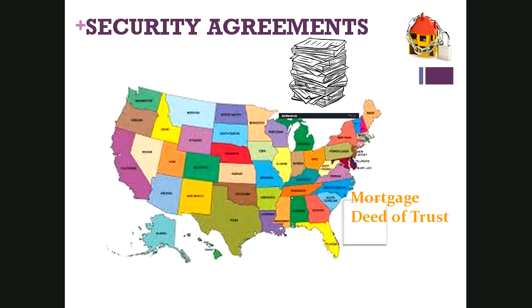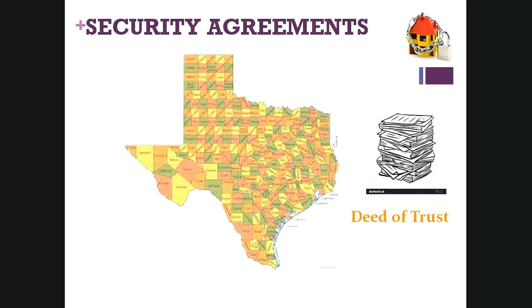They serve the same purpose, they perform the same function. There are only a few slight differences, and we're going to talk about those. And one is a very huge and important difference, which we're going to talk about later on in the slides. So depending on where you live, you're going to use one or the other. In Texas, we use the deed of trust.